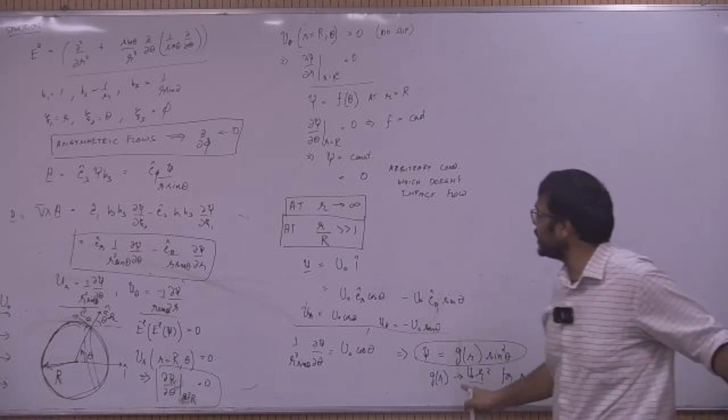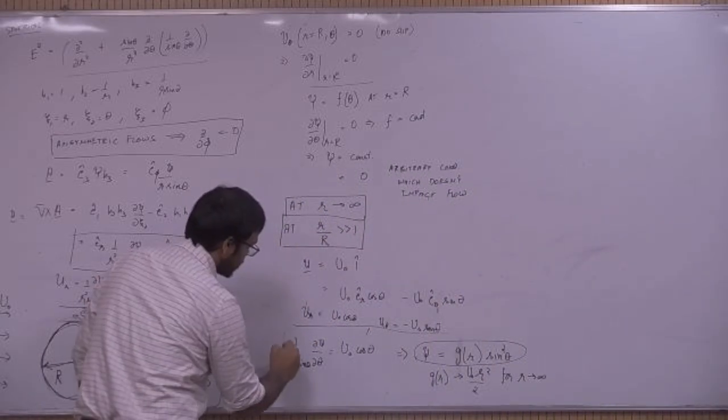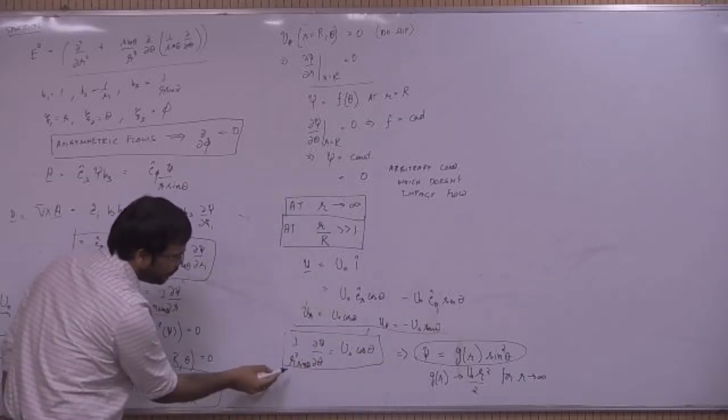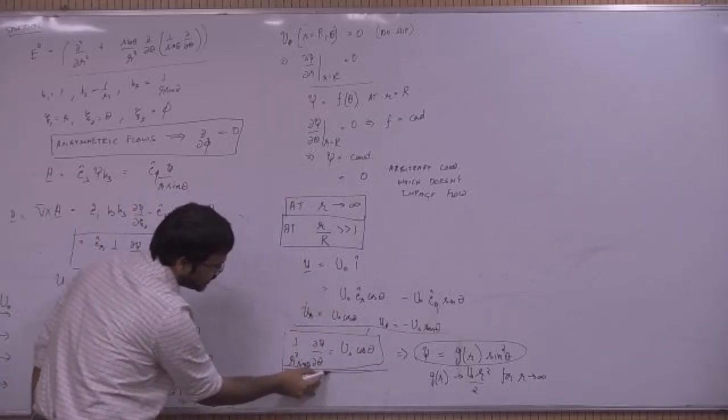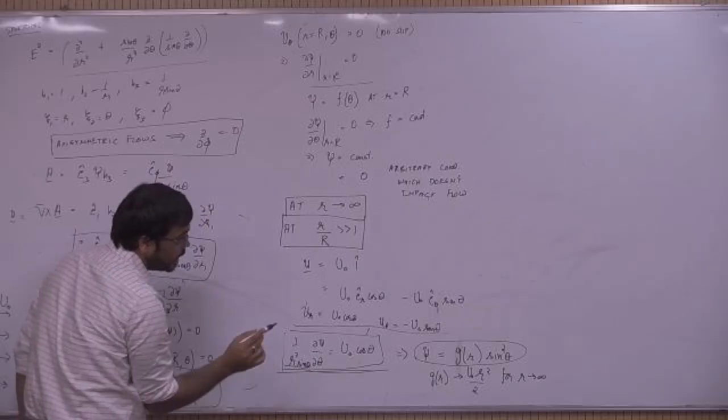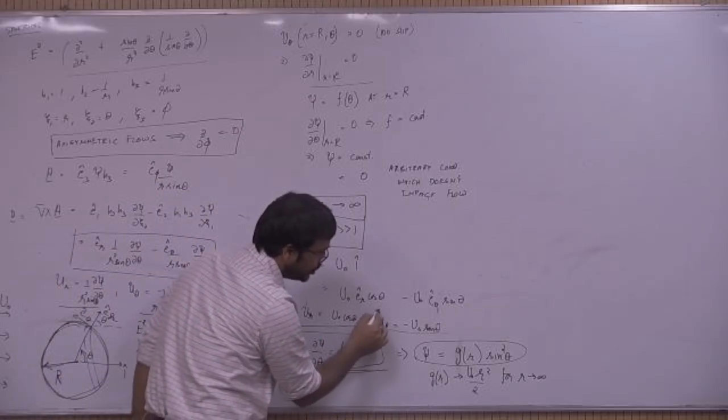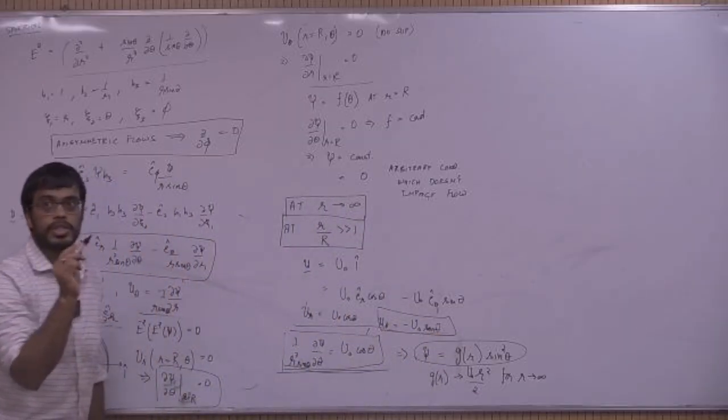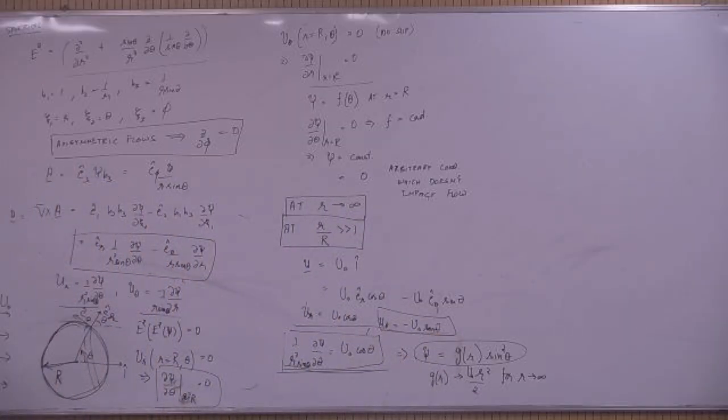So an important conclusion from this is, when r tends to infinity, we got this variation of del psi by del theta. Notice I did not use u theta. I did not use del psi by del r. Again, because of the same thing, I cannot take the limit of the derivative and then integrate with dr. I cannot do that.